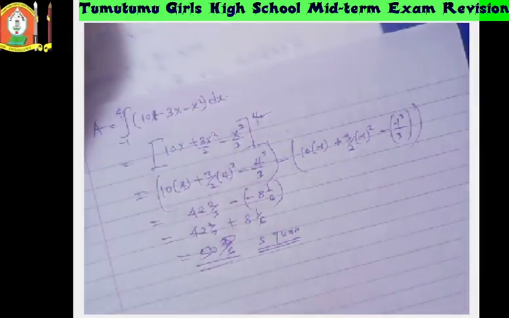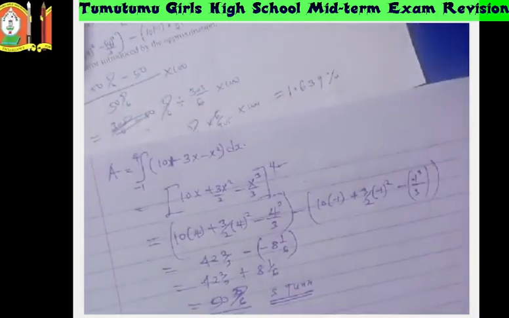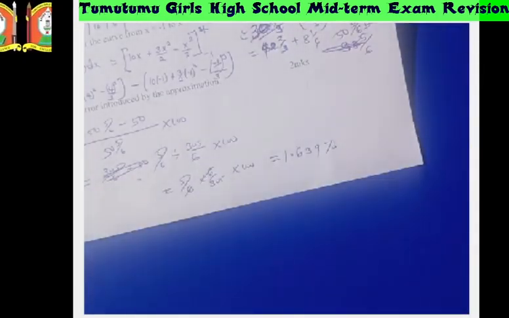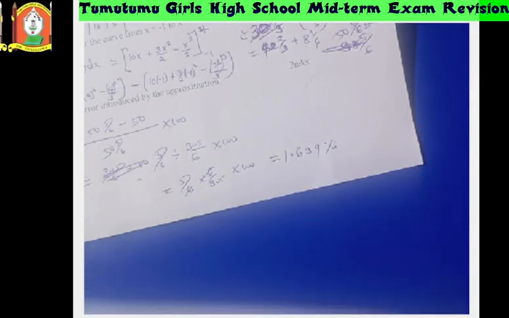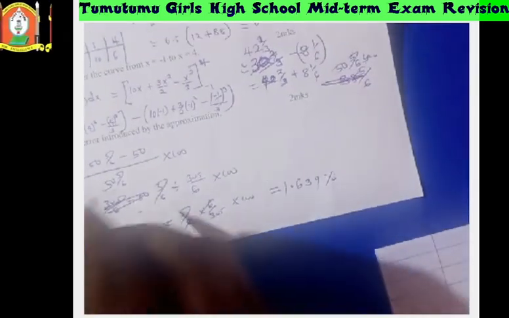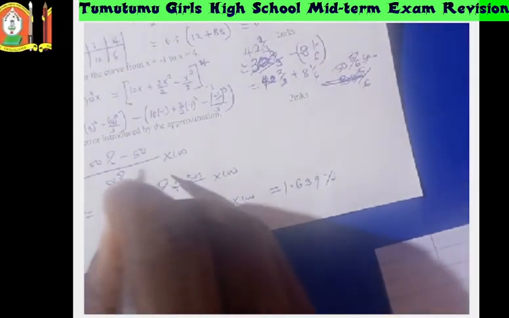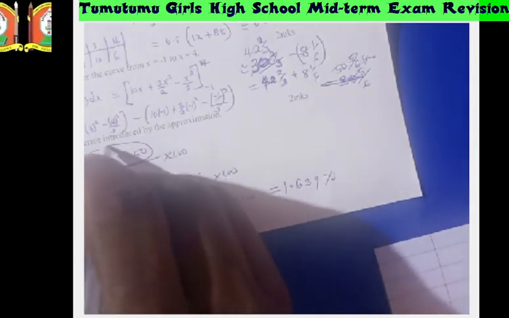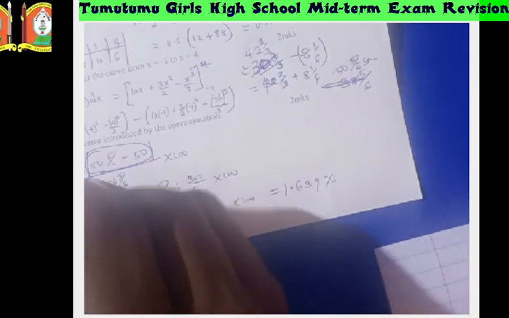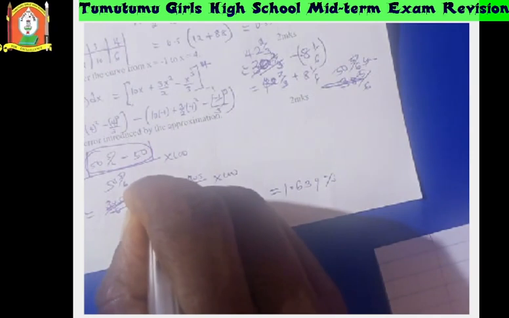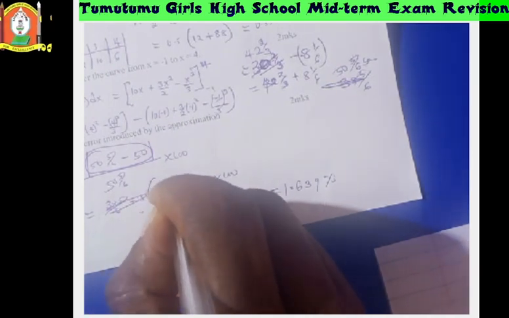After getting the area by integration, we are asked to find the percentage error. So in percentage error, we find the error first, which will be the magnitude, the difference between the two, which gives us 5/6.